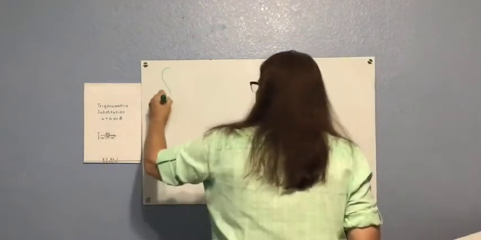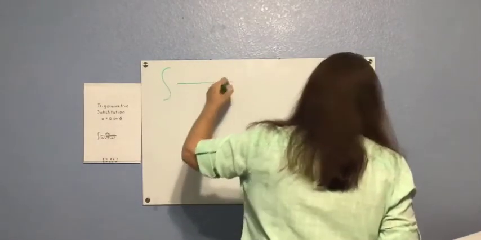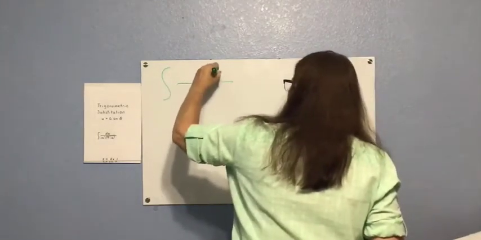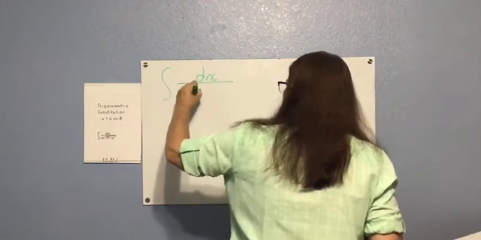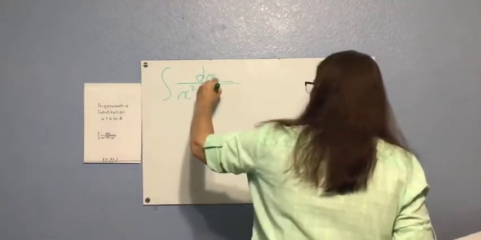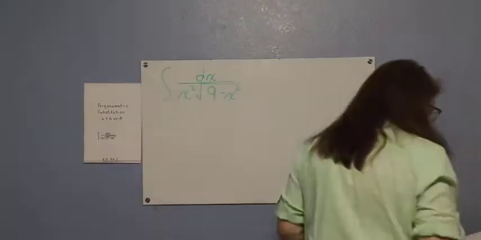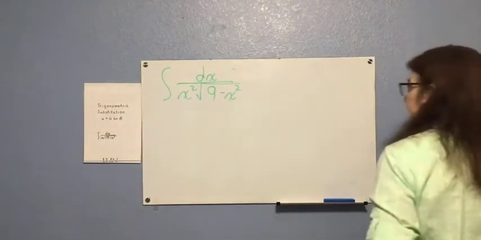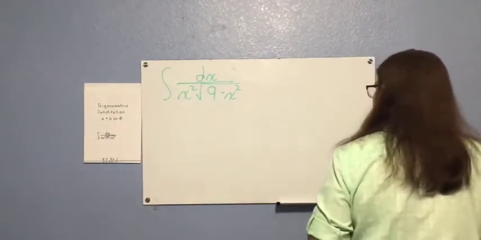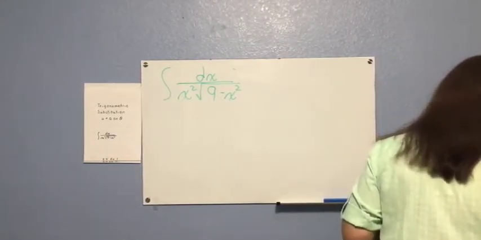So I want the integral dx over x squared times the square root of 9 minus x squared. I can see that this integral doesn't meet any of my basic forms, so I'm going to do some substitution.